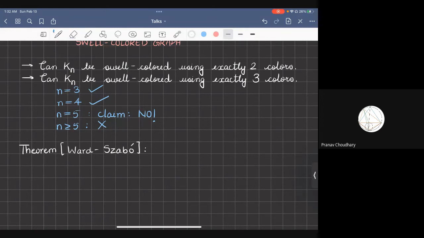So Kn cannot be swell colored with fewer than root n plus 1 colors.